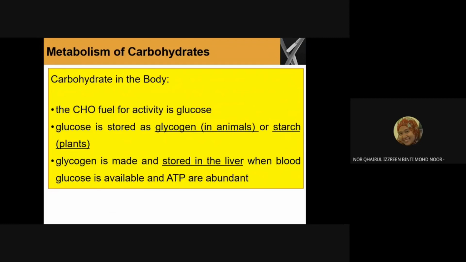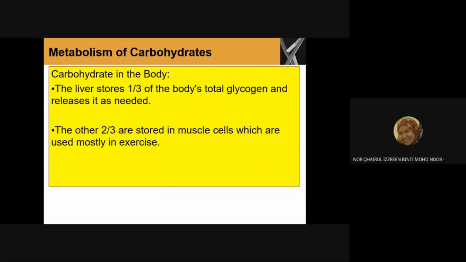When glucose molecules are abundant, glycogen is made and stored in the liver when blood glucose is available and ATP is abundant. The liver stores 1/3 of the body's total glycogen, and it will be released when it is needed, meaning if you need glucose. And the other 2/3 are stored in the muscle cells, where it is used mostly during exercise.